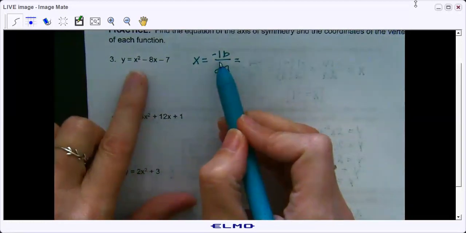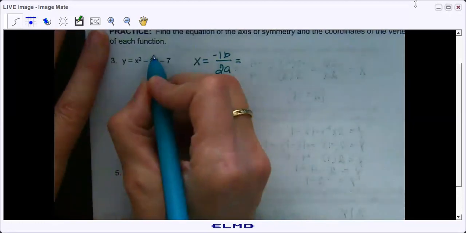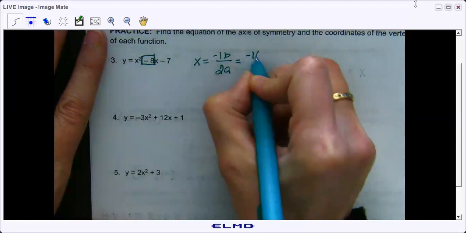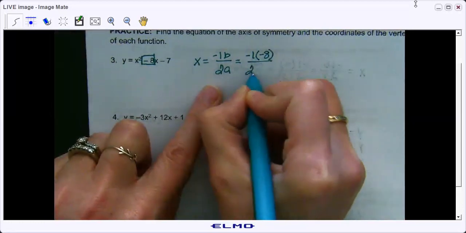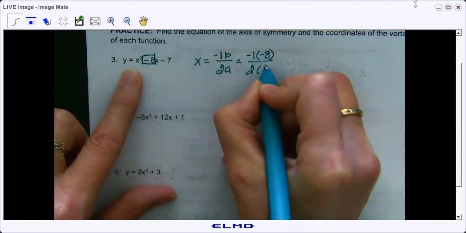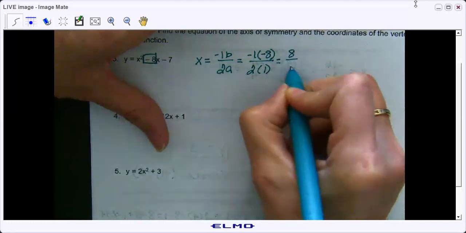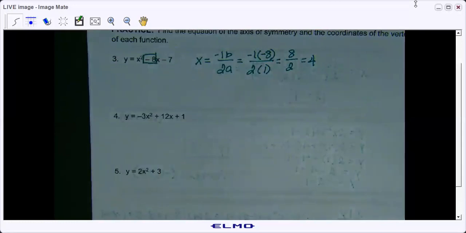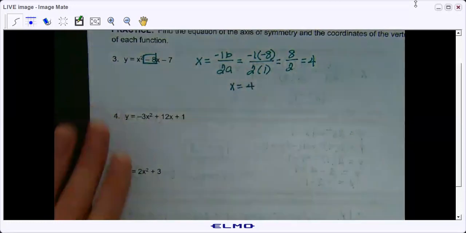So we have -1 times our b, which is -8. Remember to carry that negative with the b. So -1 times -8. And then we have 2 times our a. Our a is 1. We solve this, and x equals 4.